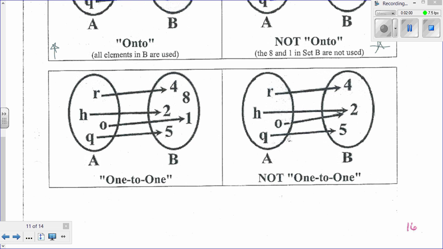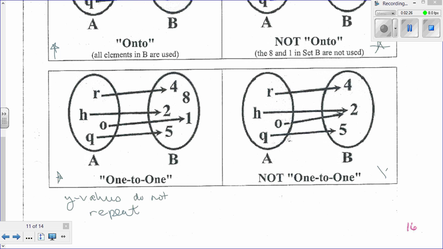For this one over here on the bottom left, this is one-to-one because the y values do not repeat. Even though I didn't use them all, that doesn't matter. That just means it's not onto.